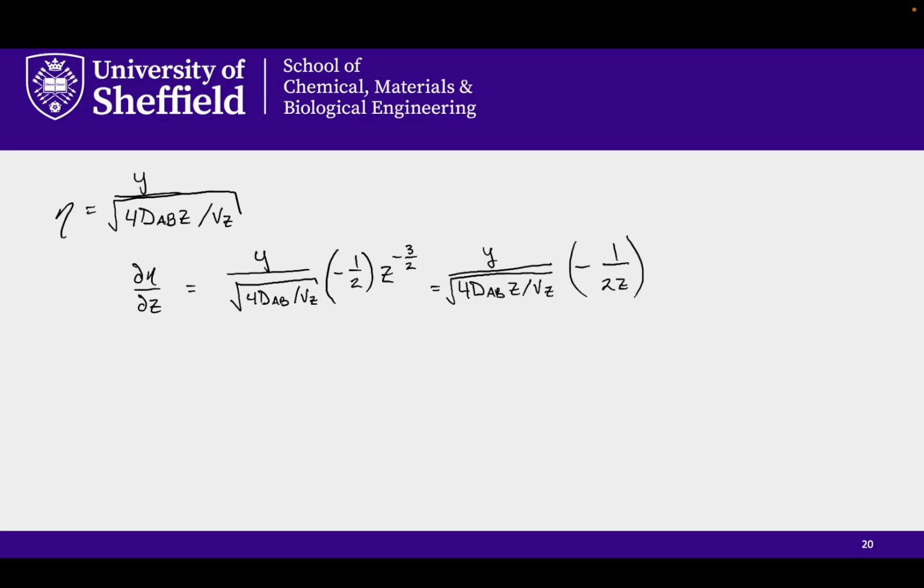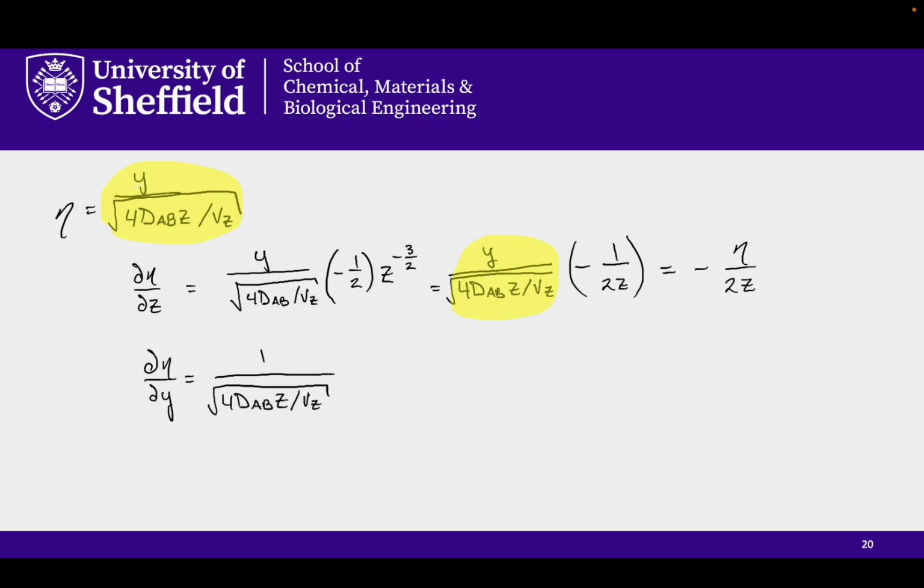If we rewrite this expression, we can take a negative 1/2 power of z under the radical, and that gives us a negative power of z outside of the radical. So again, we've still got z to the negative 3/2. We've just reorganized the structure of the equation. And we recognize that that quantity is identical to eta. So actually, this derivative simplifies quite easily to negative eta over 2z.